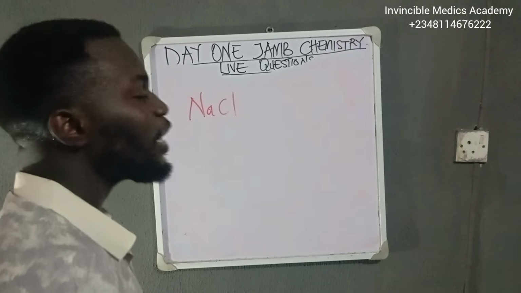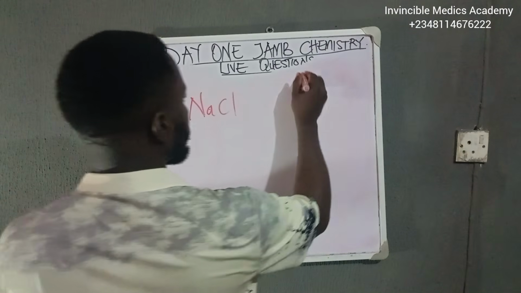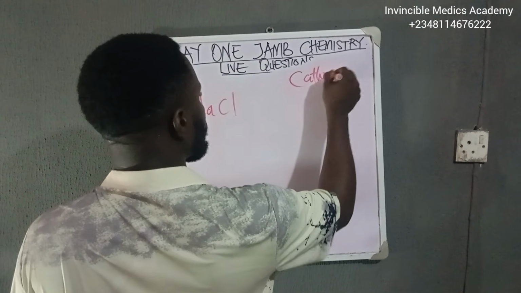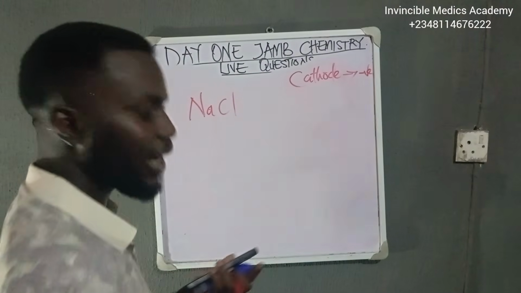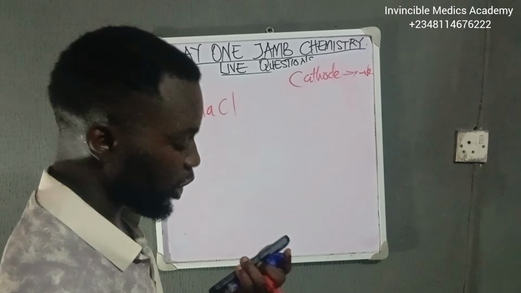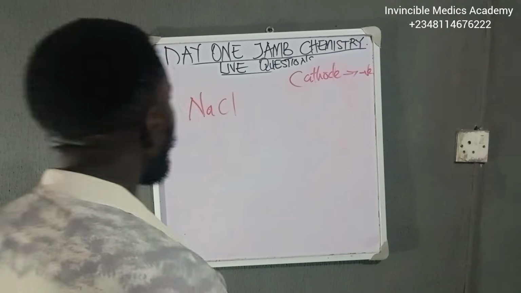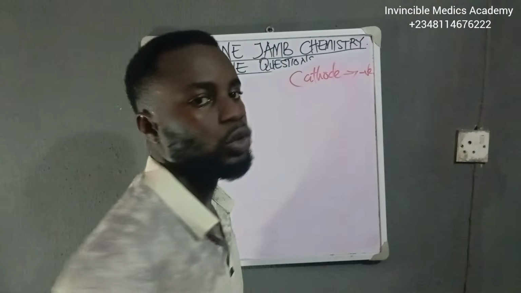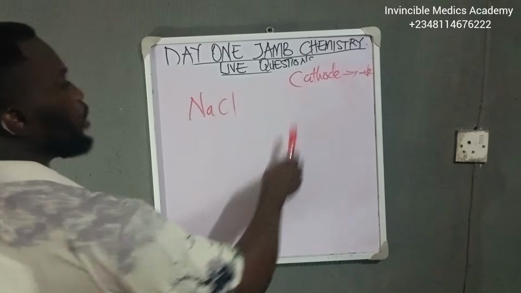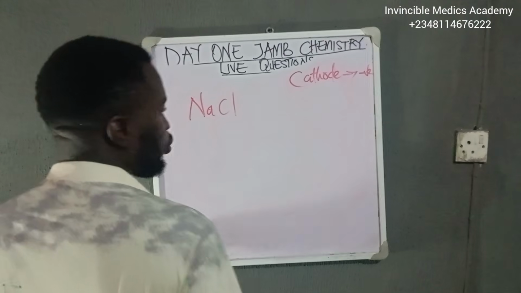So now, if cathode is a negative electrode, what it means is that the positive ion will be attracted to the negative electrode, while the negative ion will be attracted to the positive electrode, which is the anode.